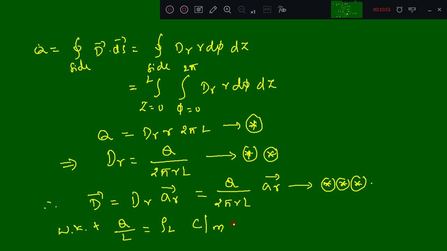If I use this in equation triple star, I am going to get D is equal to rho L divided by 2 pi r into aR.